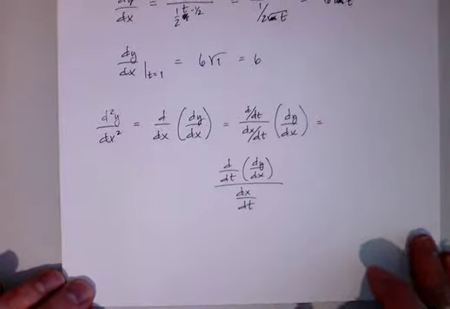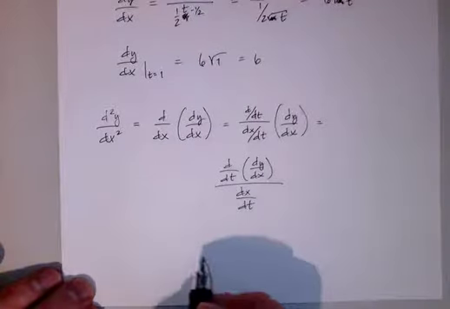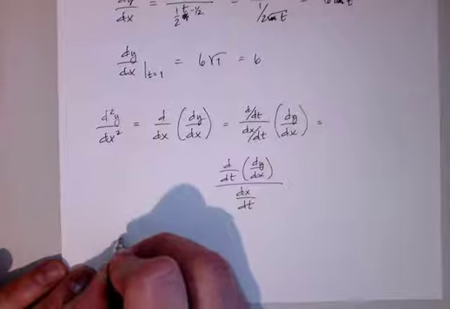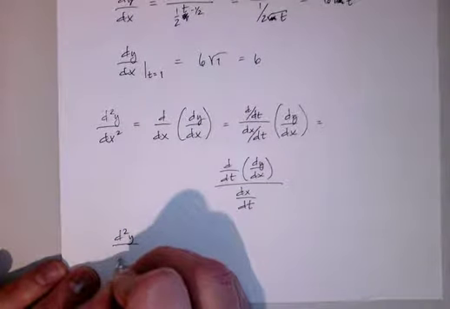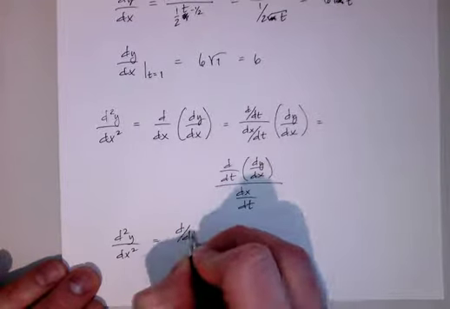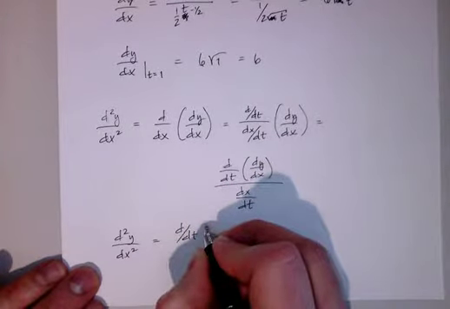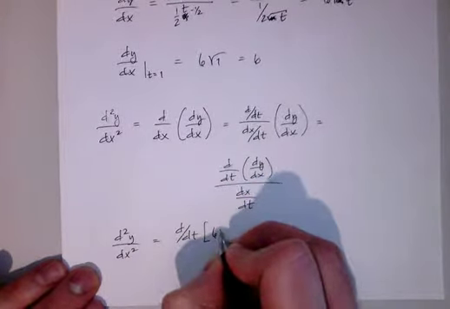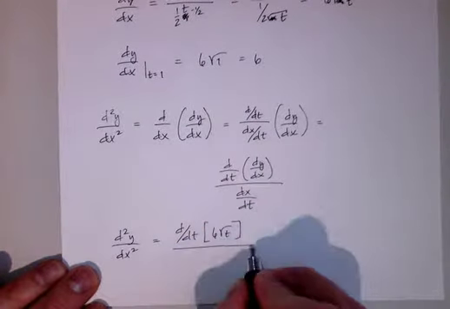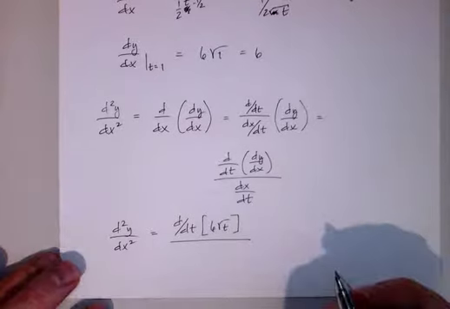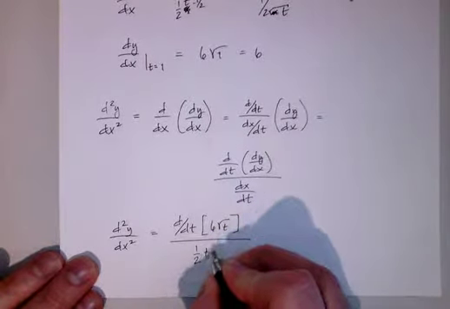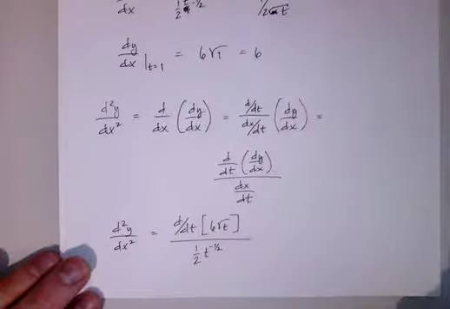In this particular one, if you're taking the second derivative of what we already have here, you're taking d/dt of 6 root t, because that is the dy/dx, over the dx/dt. Well, dx/dt we've already figured out is 1/2 t to the negative 1/2.